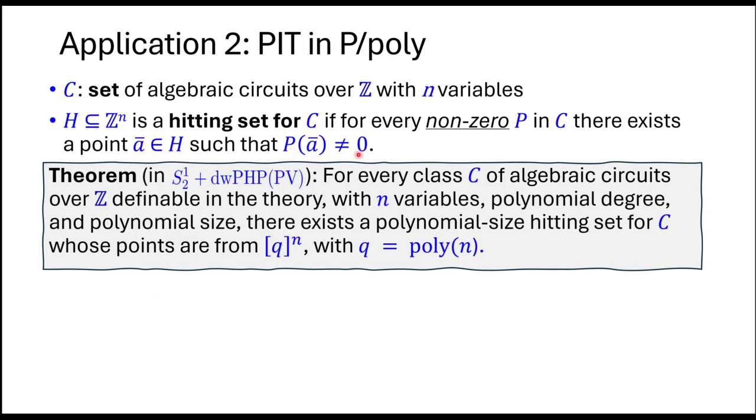And if H is small, it's very useful, because then you can simply go over these points and, in deterministic polynomial time, check whether a polynomial in C, given, say, as an algebraic circuit, computes a non-zero polynomial. Right.